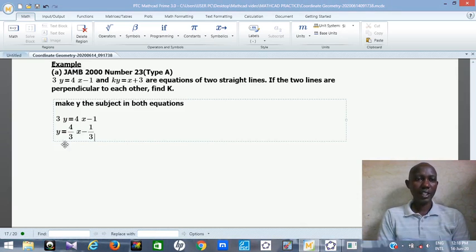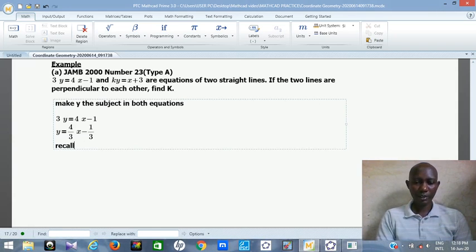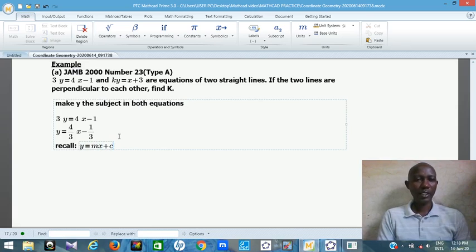And if you recall our general form of equation of a line, remember when we did it in one of our classes? The general form of equation of a line is y equals mx plus c.